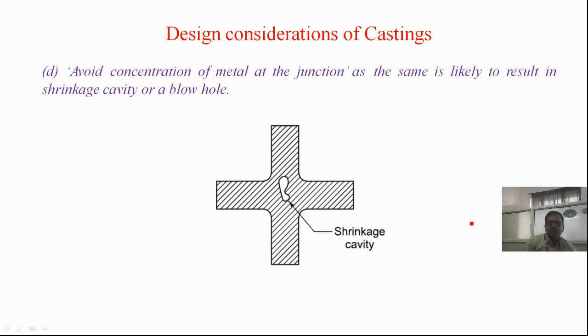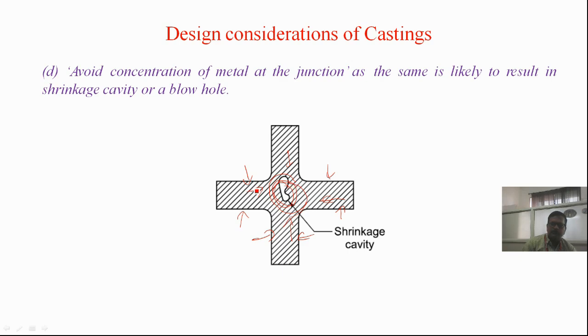Any concentration of metal at the junction is likely to result in shrinkage or a blowhole. Here you can see, after the metal solidifies, these are the areas of exposure to the external surface, and this part is not subjected to any exterior circumstances.